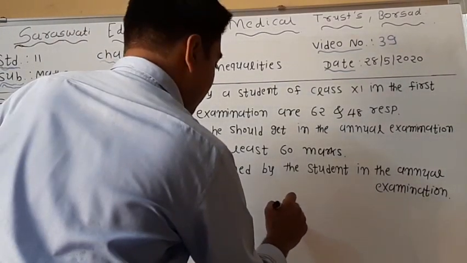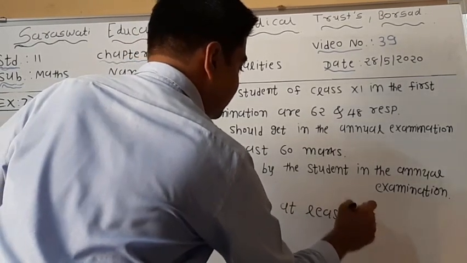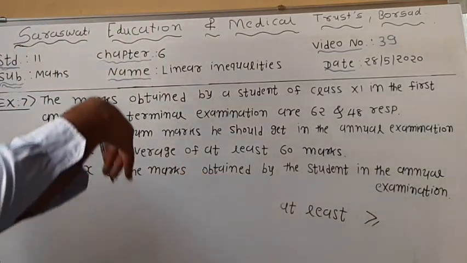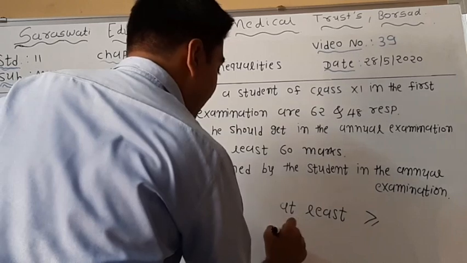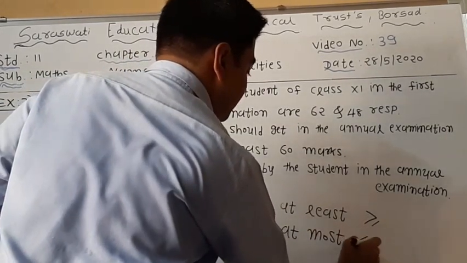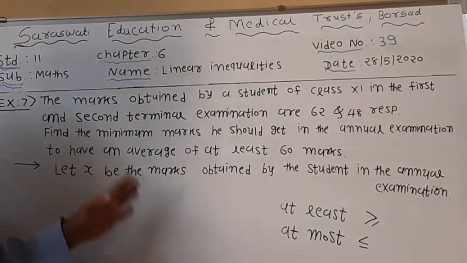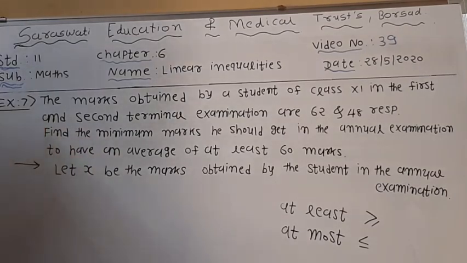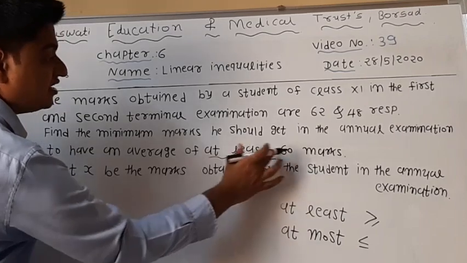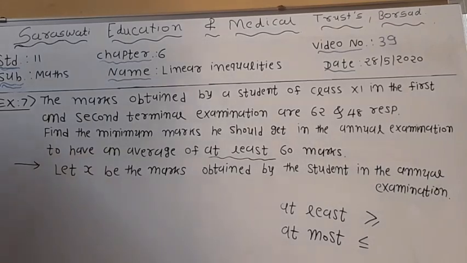That means first understand this word: at least means greater than or equal to form, and at most means less than or equal to form. At least means greater than or equal to, at most means less than or equal to. Now in this question it says at least 60, that means greater than or equal to form.